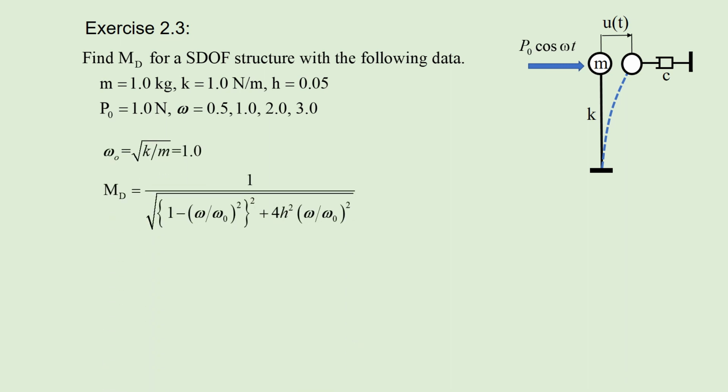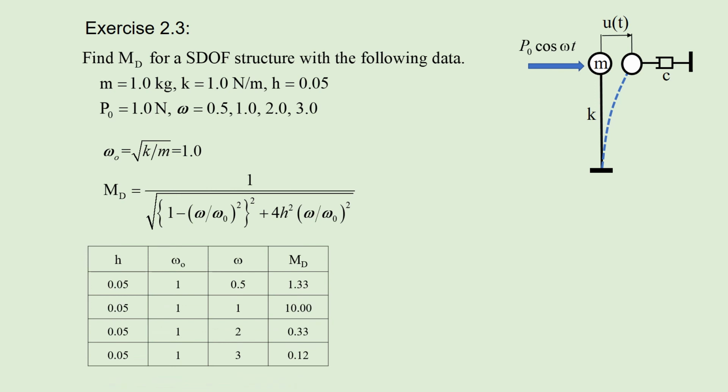Omega 0 is 1.0, and MD can be calculated by this equation. The results are shown in this table.